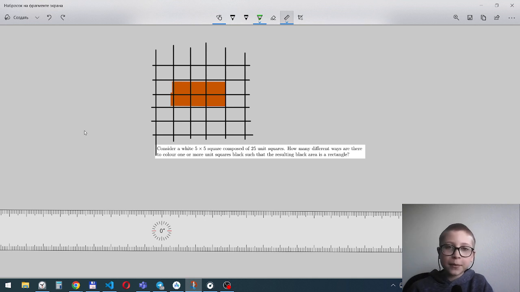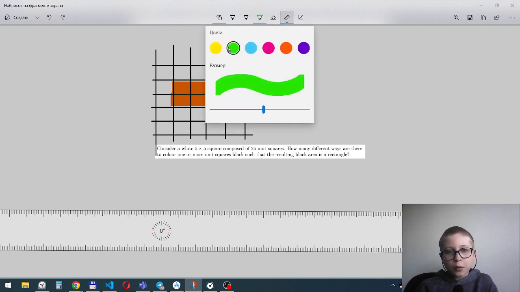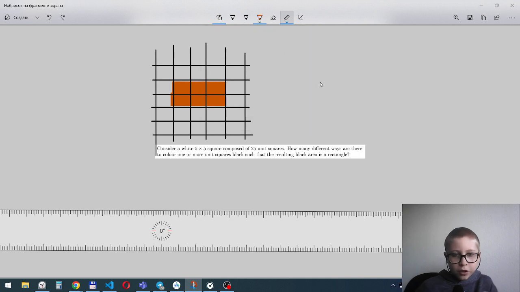We need parameters that say something not only about the size of the red area, but also about its position.